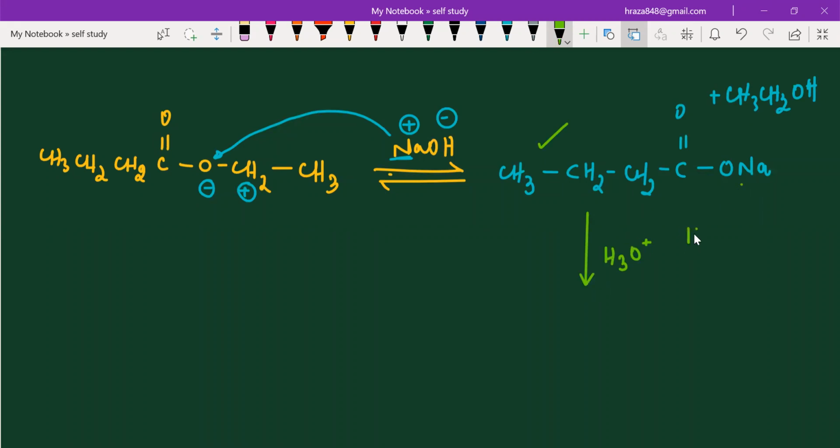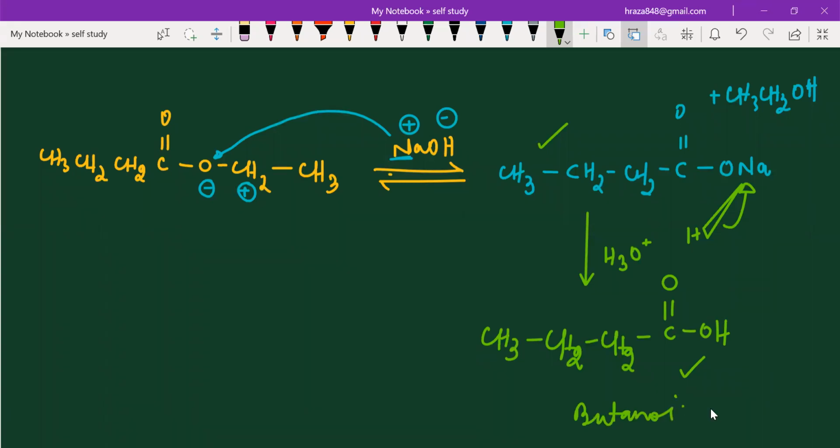H plus will replace sodium. In this way you can get the carboxylic acid, CH3, CH2, CH2, C double bond O, OH. So you will get butanoic acid.